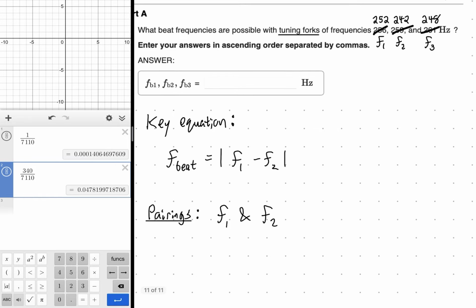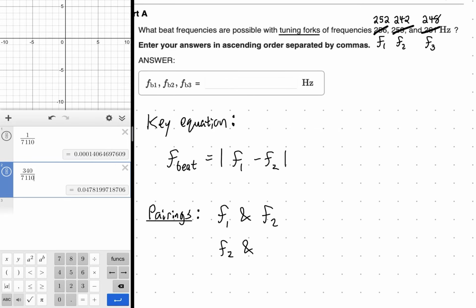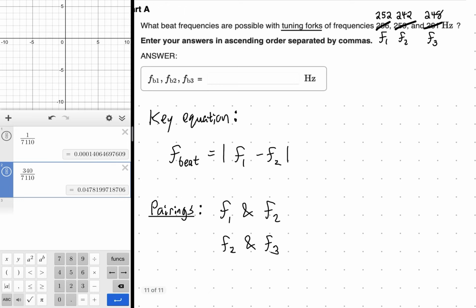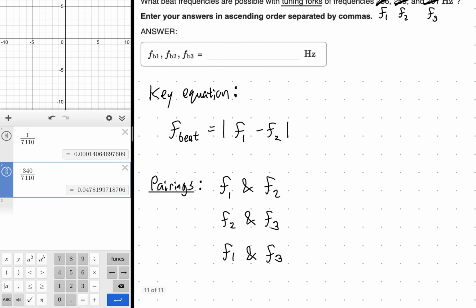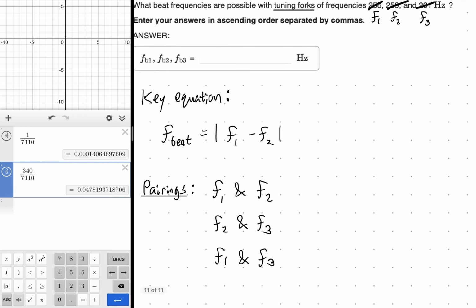Okay, so then let's say 2 and 3. So we'll pair 2 with 3. And my point is, if you paired 2 with 1, that's the same as 1 and 2, right? The order doesn't matter. And then finally, we could pair 1 with 3. Okay, so there we go. Those are all the distinct differences. Each of those will make its own beat frequency, which is just the difference between them.